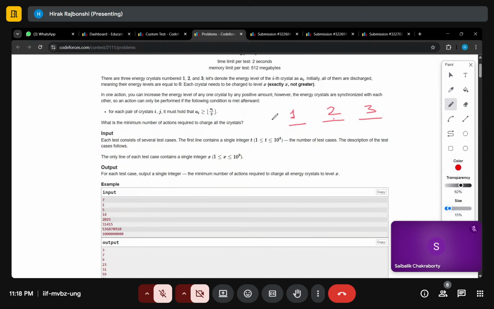And now how can we get to the next valid state while maximizing the charge of any crystal?